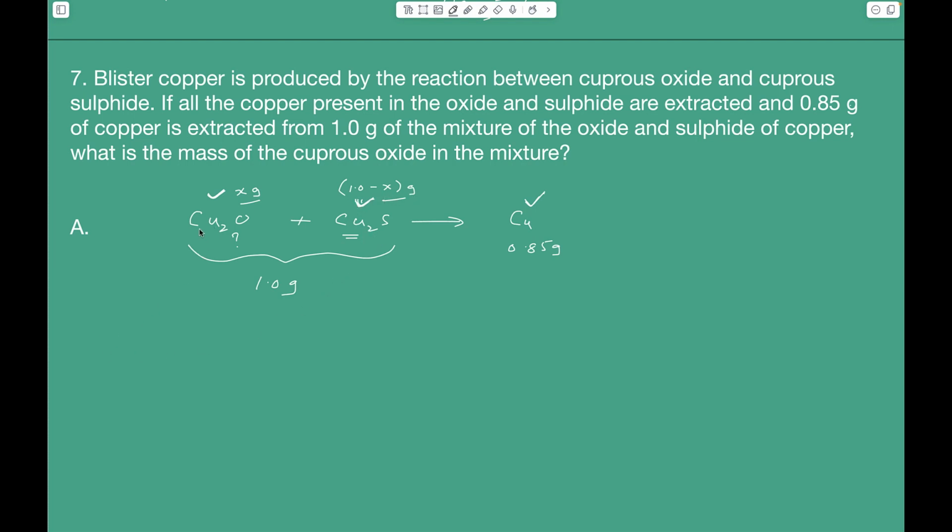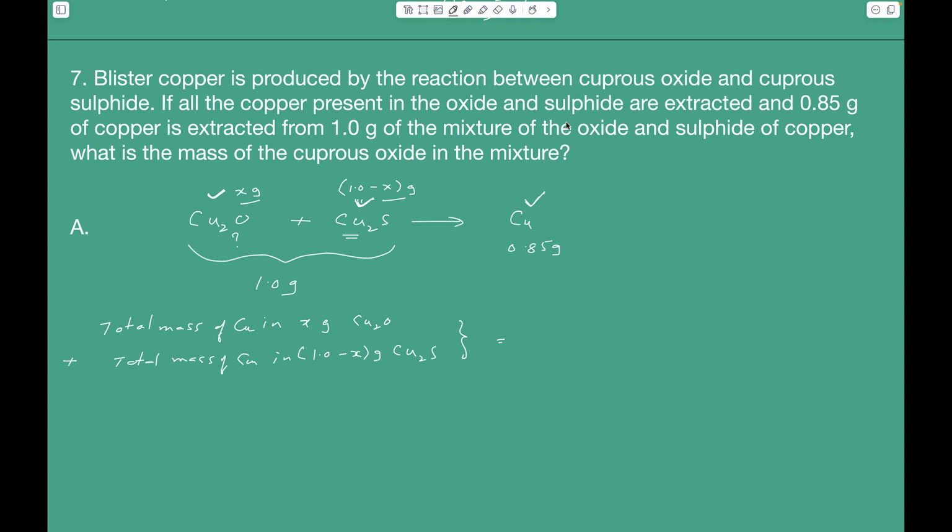So now by applying the law of conservation of mass to copper, we can say that the total mass of copper in x grams of cuprous oxide plus the total mass of copper in 1 minus x grams of cuprous sulfide must be equal to the mass of copper extracted, right?